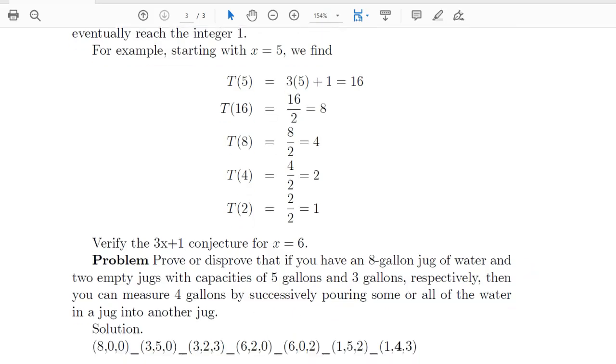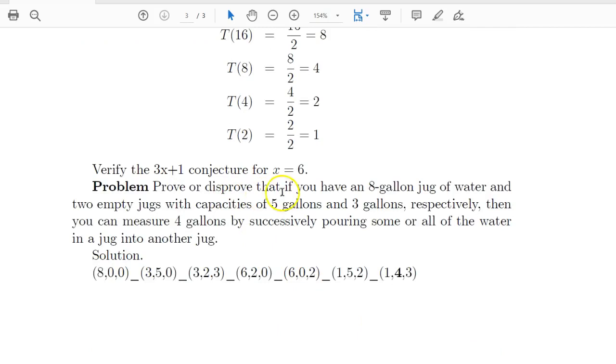Another problem: prove or disprove that if you have an 8-gallon jug full of water, and 2 empty jugs with capacities of 5 gallons and 3 gallons, then you can measure 4 gallons by successively pouring some or all of the water in a jug into another jug.